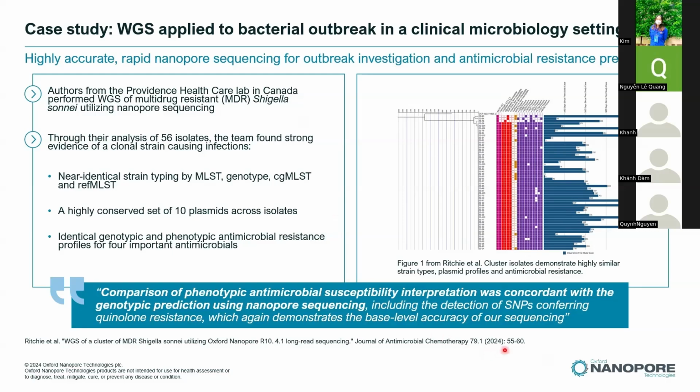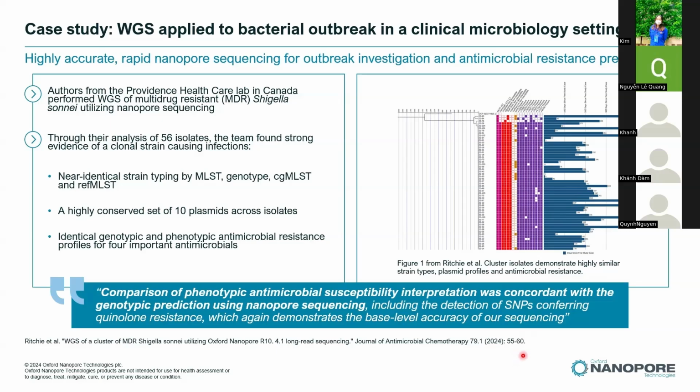And the key highlight from the study is that there was very high concordance between the phenotypic antimicrobial susceptibility and the genotypic prediction generated by nanopore sequencing. This included the accurate detection of the SNPs that confer resistance to quinolones, a very critical antimicrobial drug class.